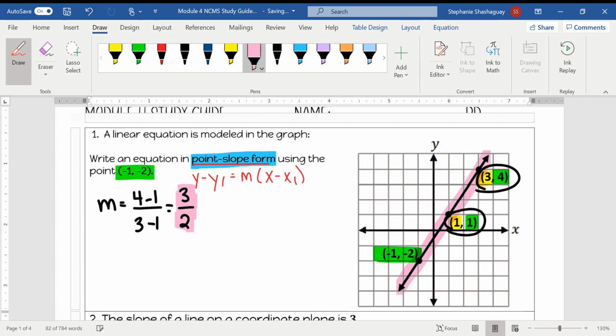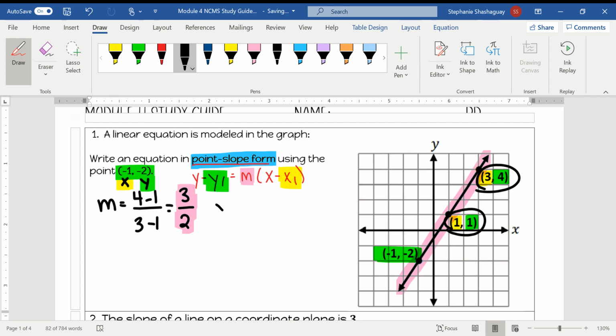And now this slope is going to be what I plug in here to my point-slope formula. Then I'm going to use this x and this y to plug in to here. So my y1, I'm going to plug in here, and my x1, I'm going to plug in here.